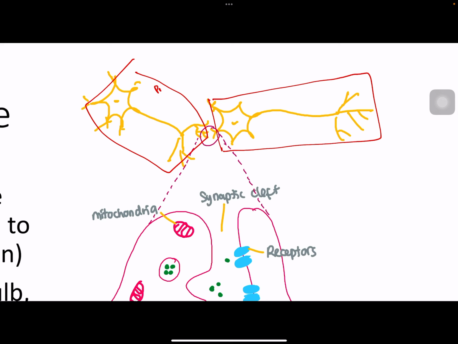The first neuron is what we call the presynaptic neuron, whereas the second neuron is the postsynaptic neuron. If we zoom in on what happens at the point of communication between these two, you can see the structure of the synapse.